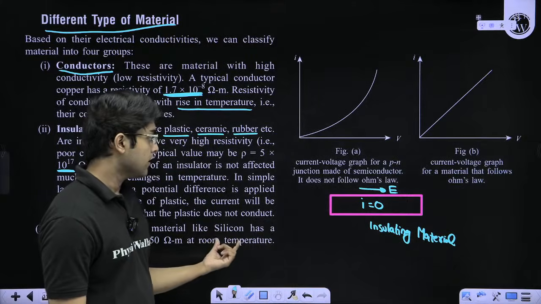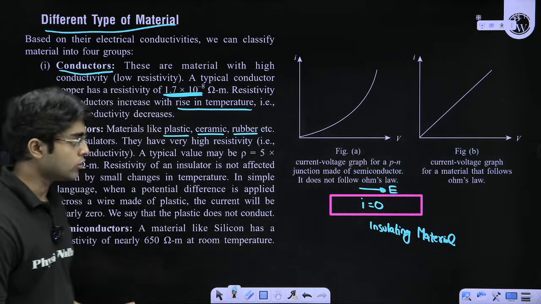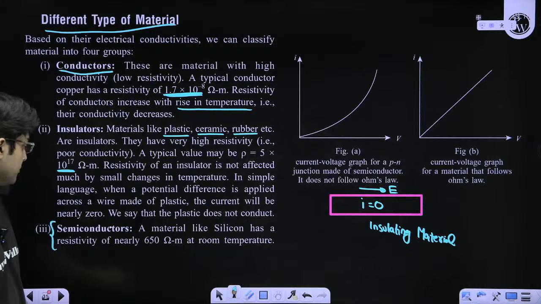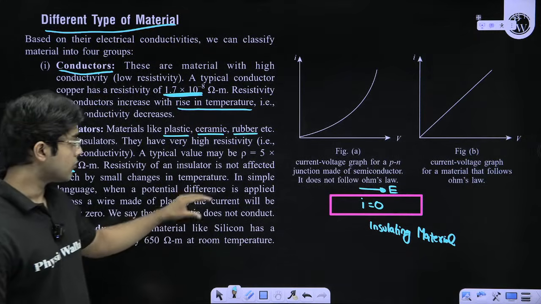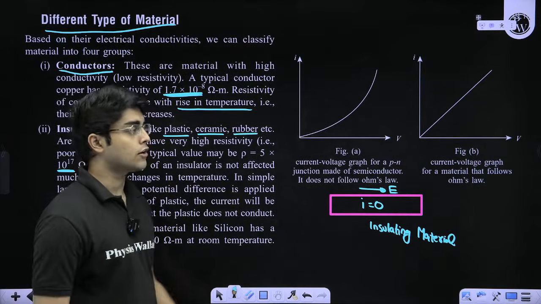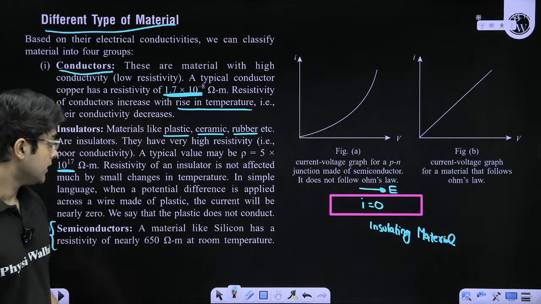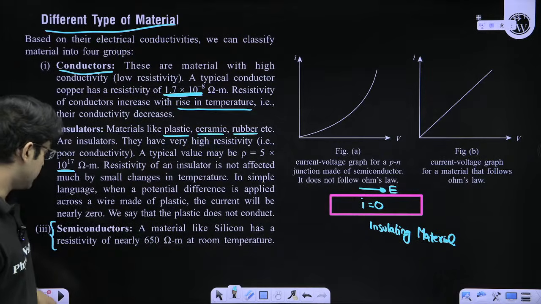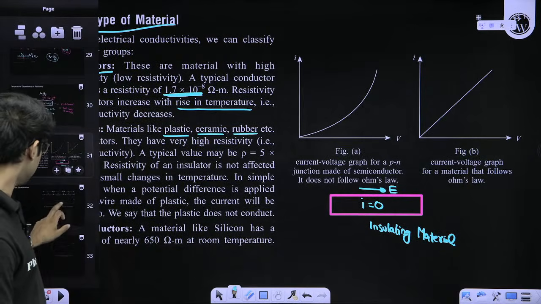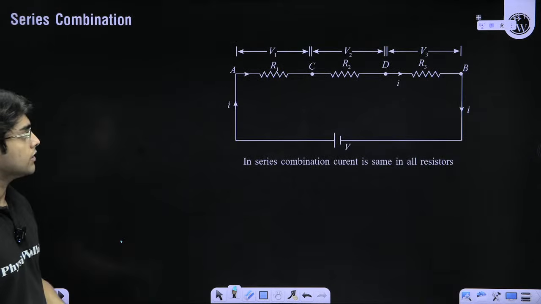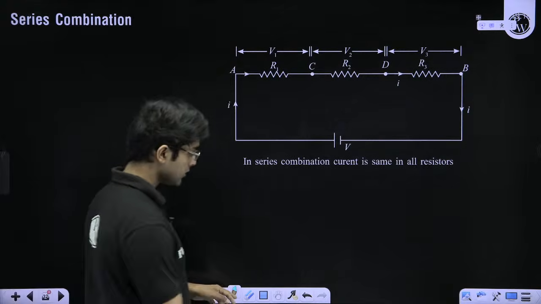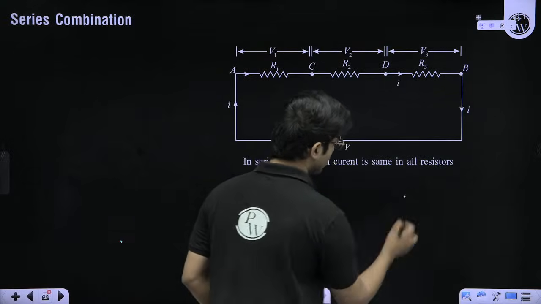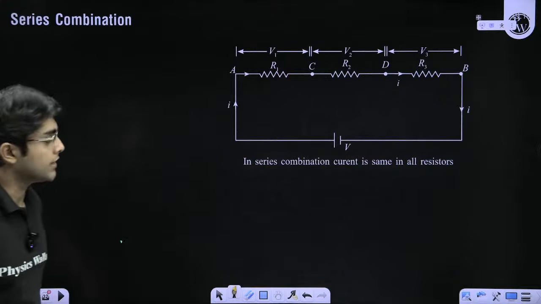We will talk about the logic of diodes later in the semiconductor chapter. But their conductivity is somewhere in between. They're not as good as conductors, but they are decently good. So that is all for the conducting material categories. There's also superconductors, but we can talk about that later.